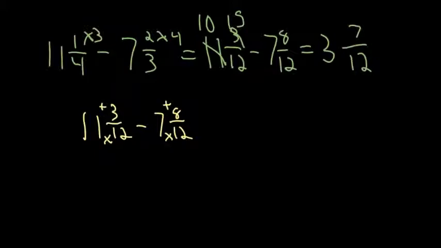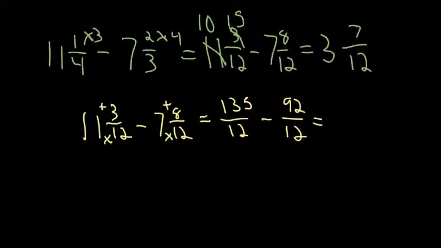So 12 times 11 would be 132, plus 3 would be 135 over 12, minus 7 times 12 would be 84, plus 8 would be 92 over 12.